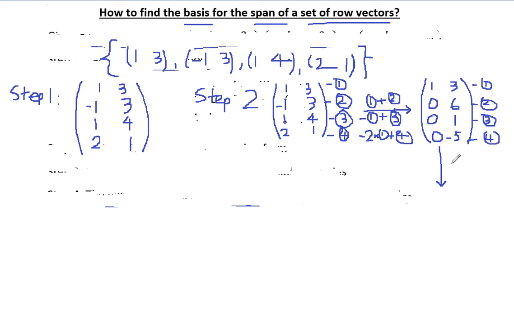To eliminate the entry in the third row, it is minus 1 over 6 times the second row plus the third row. And to eliminate the entry in the fourth row, it is 5 over 6 times row 2 plus row 4.